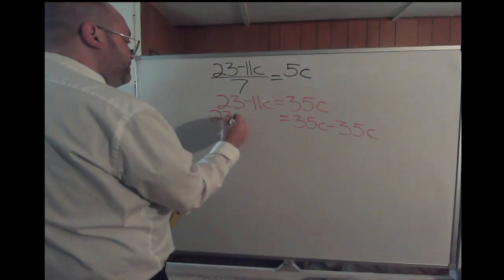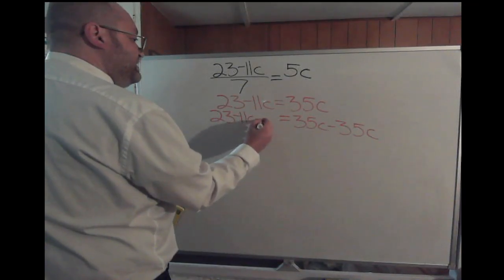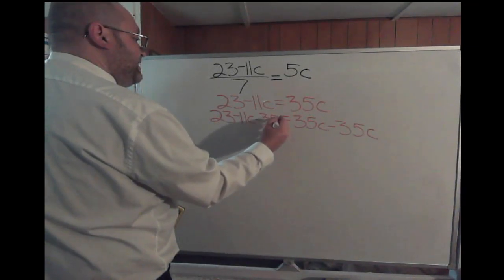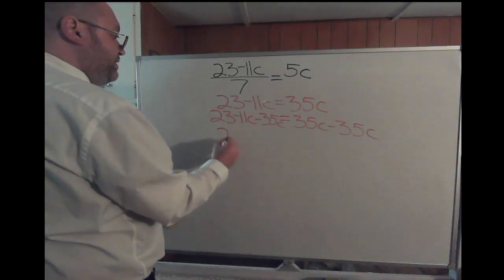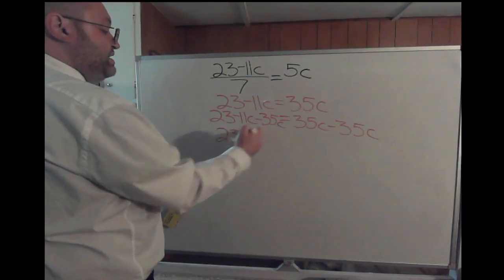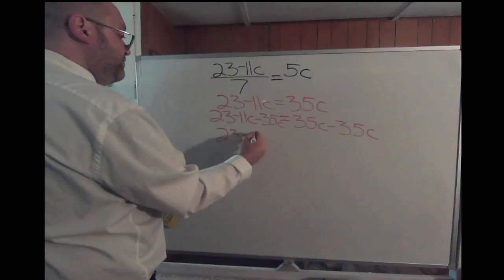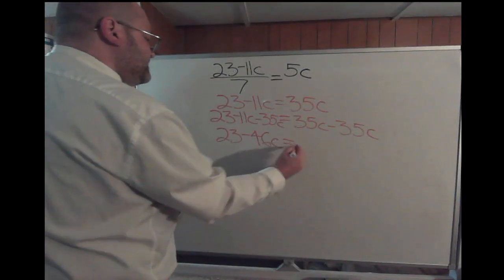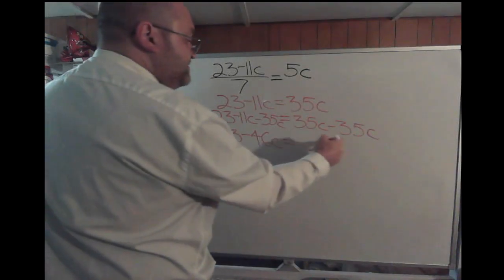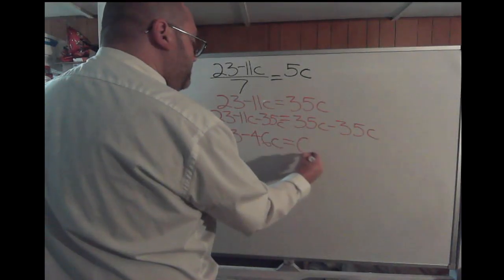So you have 23 minus 11c minus 35c. Well, on the left side, you'll still have 23, but minus 11 minus 35, that'd be minus 46c. So you have 23 minus 46c is equal to 35c minus 35c, that's 0.